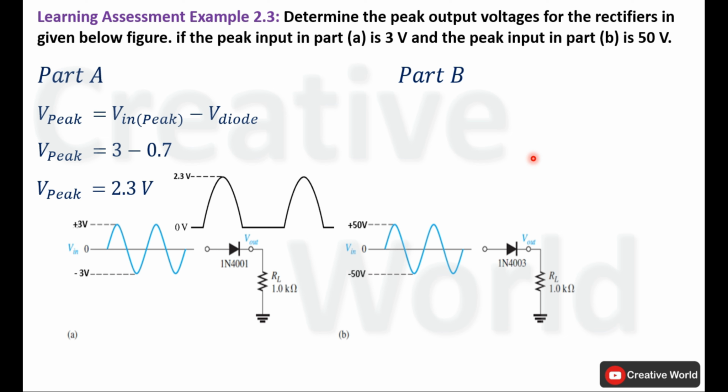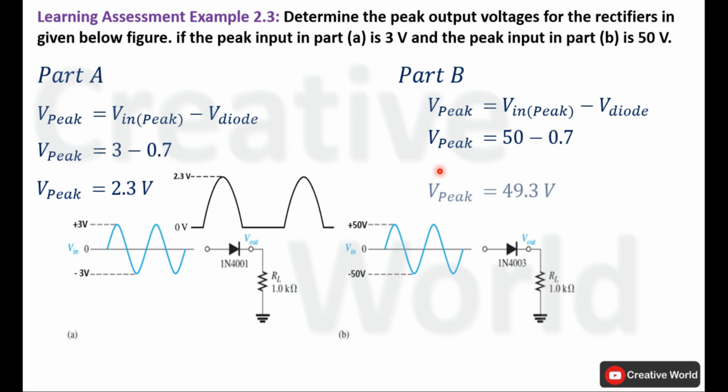So the peak output voltage across the 1 kilo ohm resistance will be calculated using this equation: V peak input minus diode forward voltage. In this case, the peak input voltage is 50 volt and the diode forward voltage is 0.7 volt. So the output peak voltage will be 49.3 volt.